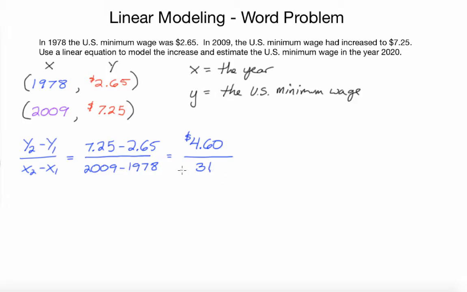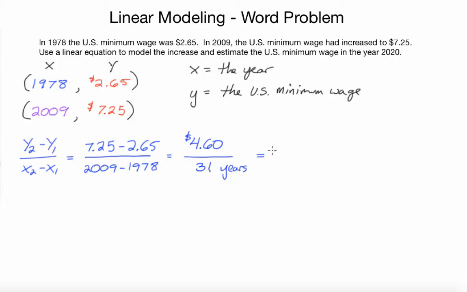So over a 31-year period, I'm going to include my units. So this makes it obvious, we got a ratio here. Over 31 years, we had an increase in the minimum wage of $4.60. Well, we usually divide them at this point, right? Slope is just an average rate of change, so I want to divide that $4.60 by 31 years.